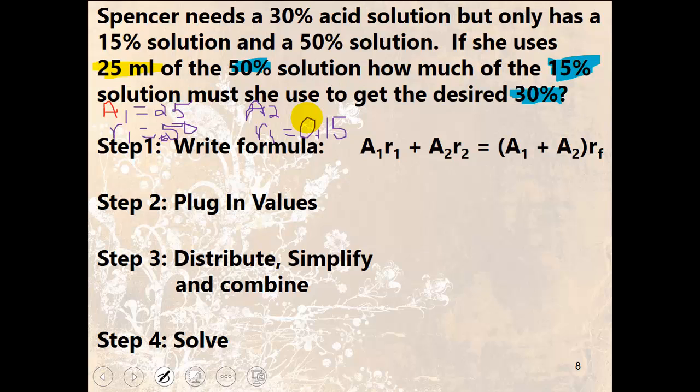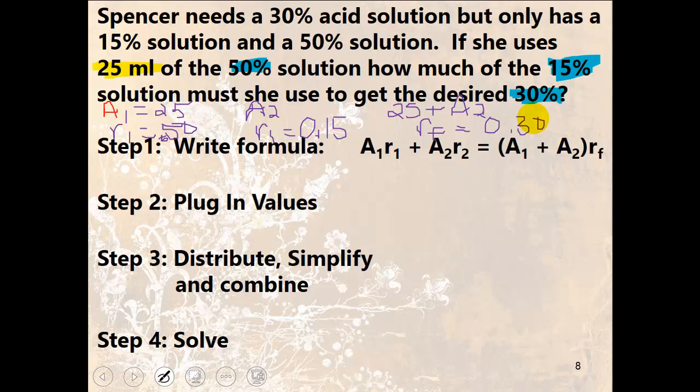And then my total is 25 plus the second amount. I know that I have to add those two together, and that my final rate is equal to 30%.